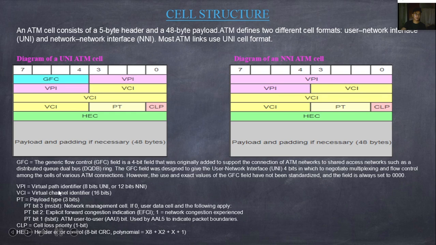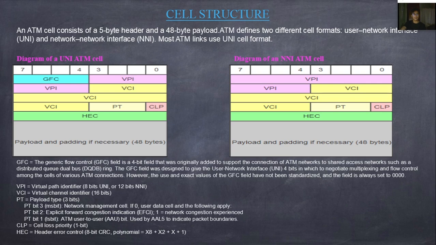VPI, or virtual path identifier, uses 8 bits in UNI and 12 bits in NNI. VCI, or virtual channel identifier, uses 16 bits, and PT, or payload type, is 3 bits. The PT has 3 categories.